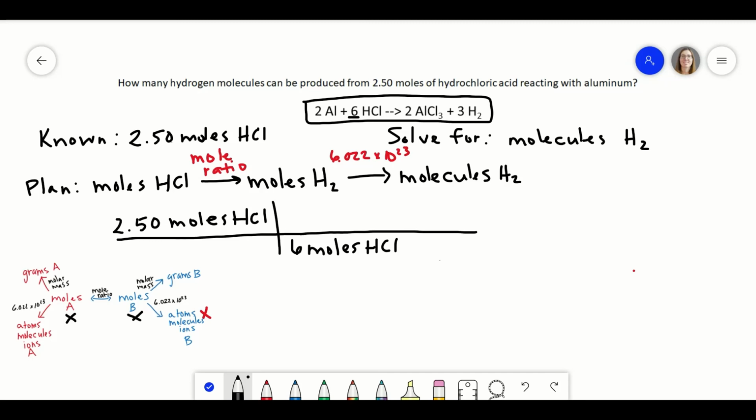And so for H2, there's a 3 coefficient in front of it in our balanced equation. So 3 moles of H2 go on top. And then when we set it up this way, it allows us to cancel out the moles of HCl and leave us in units of moles of H2.